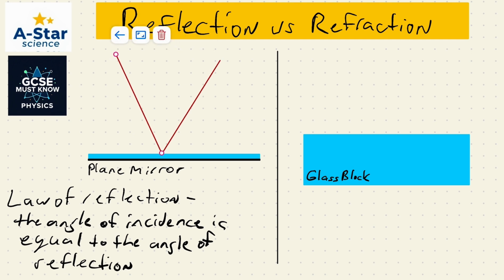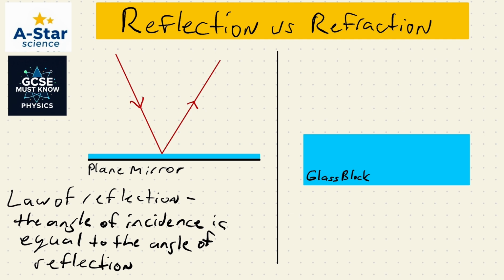So that's what you would see if you were doing a practical. I know it's a light ray because light rays have arrows and are straight. So we need to put an arrow to show the direction of the light ray. Now we talked about the angle of incidence and the angle of reflection.